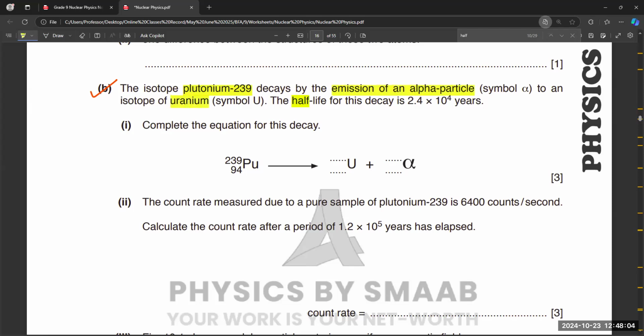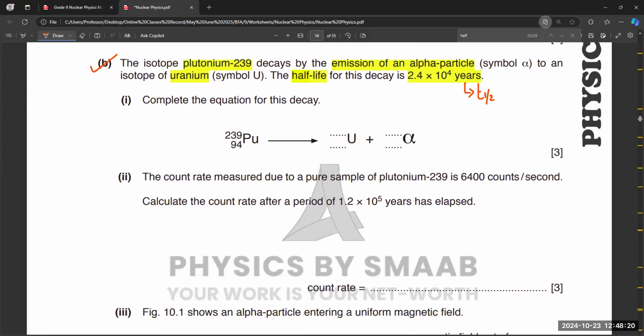The half-life of decay is 2.4 times 10 to the power 4 years. So this is the time of half-life. Half-life is given, and you also have the equation, right? That equation is incomplete, so you need to complete it. So how to complete this equation?